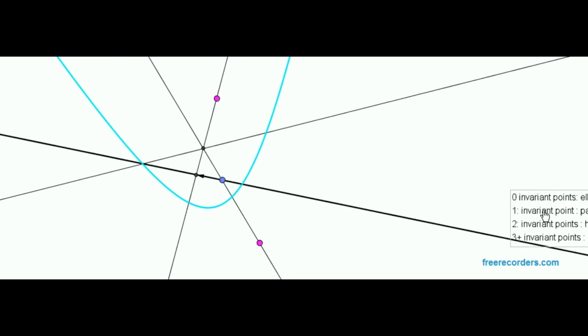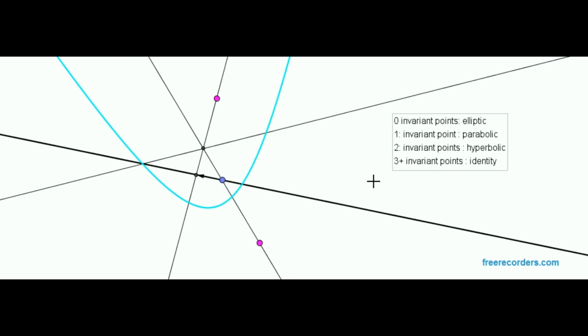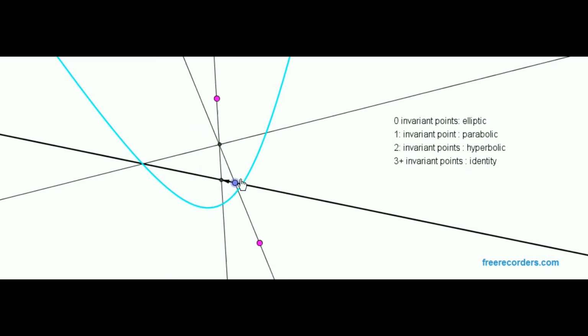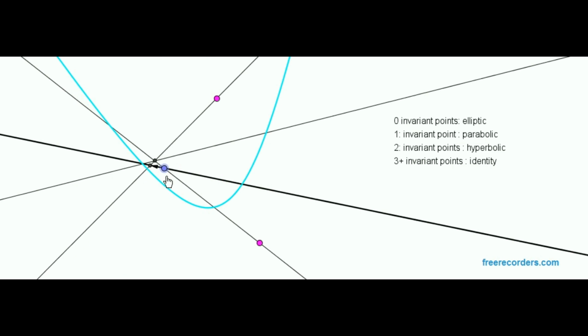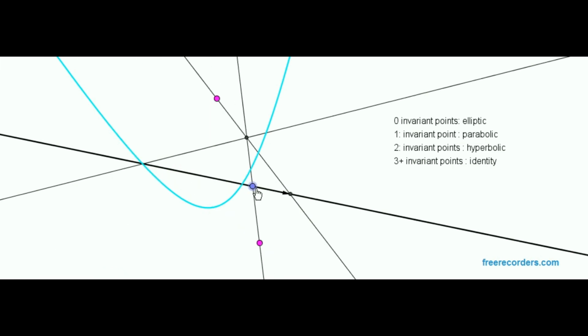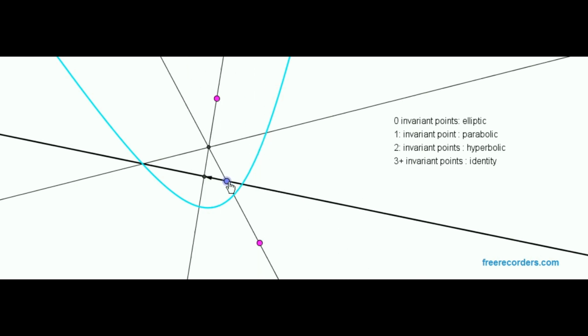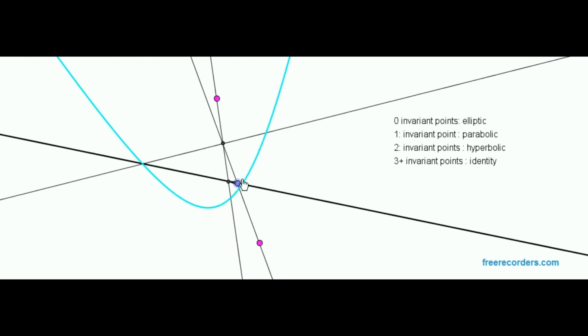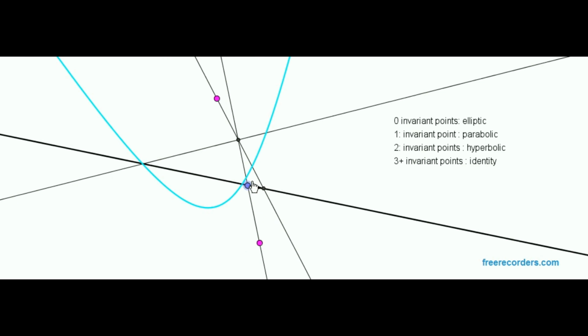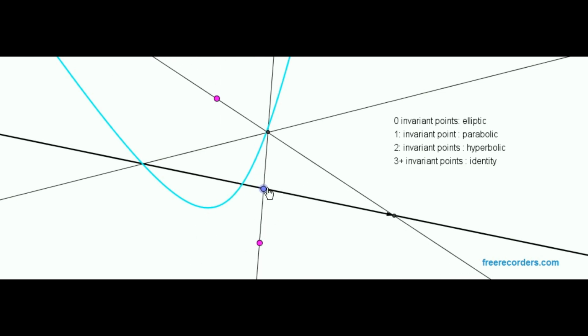And people have come up with names for these different things. The names will seem familiar to those who know about conic sections, but it's best just to think of them as generic names. So this particular projectivity here is called a hyperbolic projectivity because it has two invariant points. That's the definition. If it only had one invariant point, it would be a parabolic projectivity.